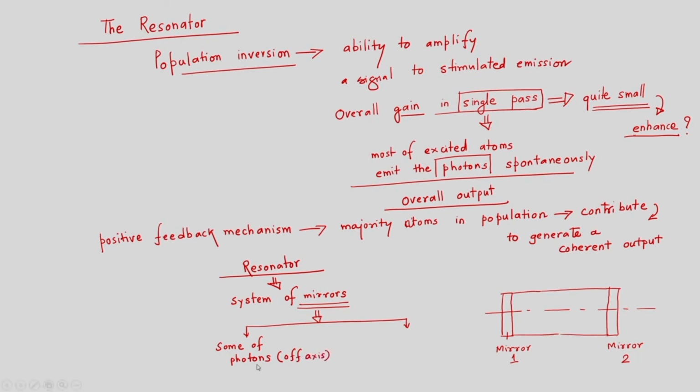because as we have seen, during population inversion and stimulated emission, a large number of photons are generated. Some of the photons are off axis photons, which are generated by spontaneous emission. Those photons are to be reflected out.